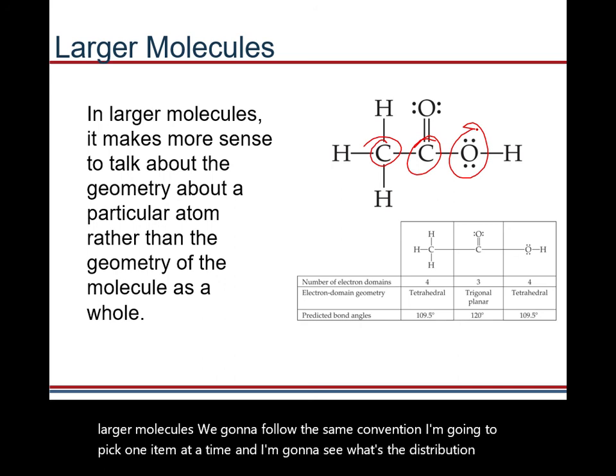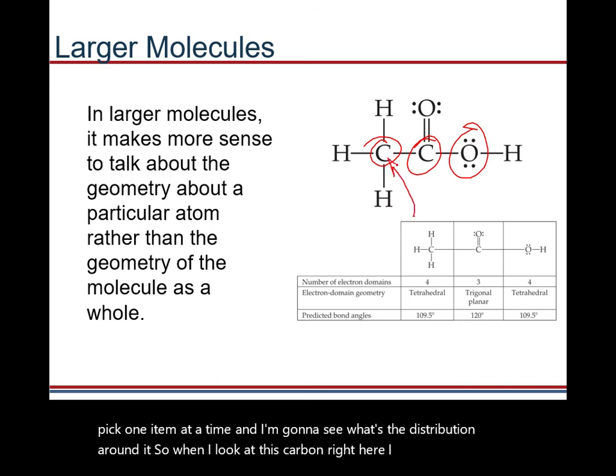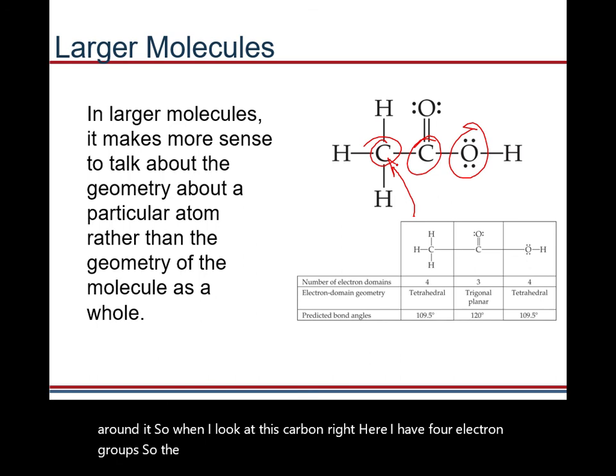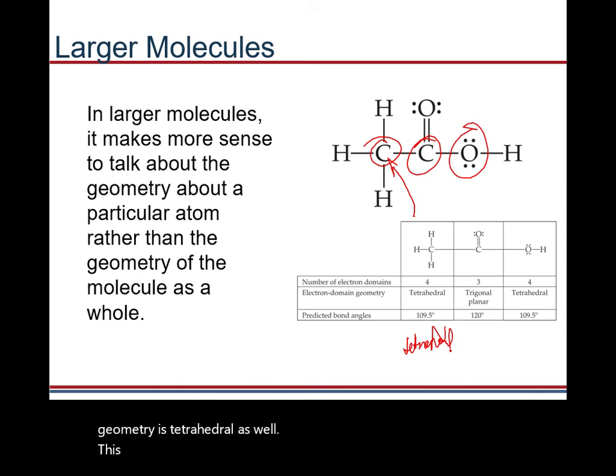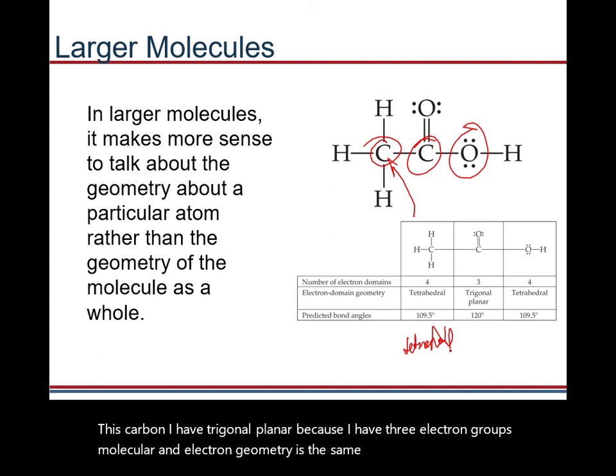So when I look at this carbon right here, I have 4 electron groups. So the electron geometry is tetrahedral, and the molecular geometry is tetrahedral as well. This carbon, I have trigonal planar because I have 3 electron groups. Molecular and electron geometry is the same. Trigonal planar, 3 electron groups.